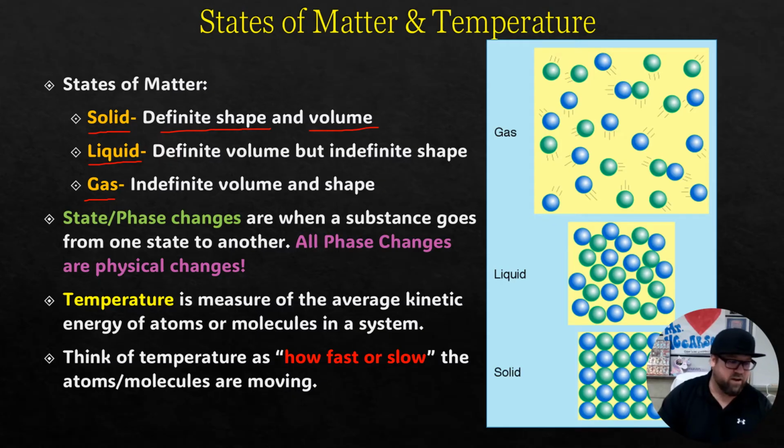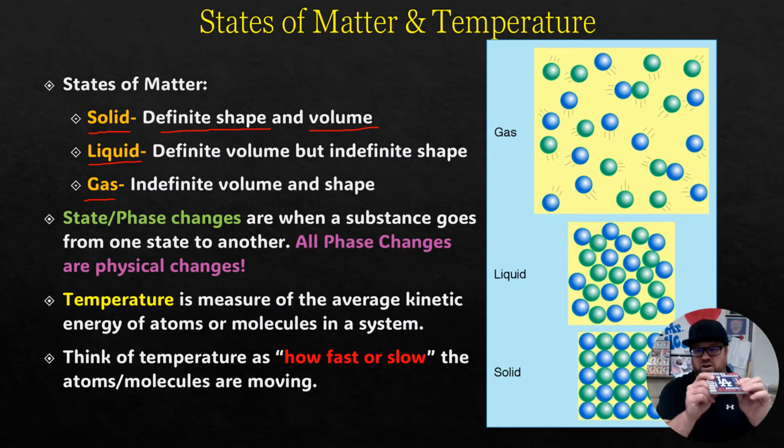Like if you have a solid object like my Dodgers coaster, this coaster has a volume, a length times a width times a height, and it has a definite shape. It's a rectangular cubic shape, or actually no, this would be square. Well, actually square and rectangle both, because all squares are rectangles. But this has a cube shape.